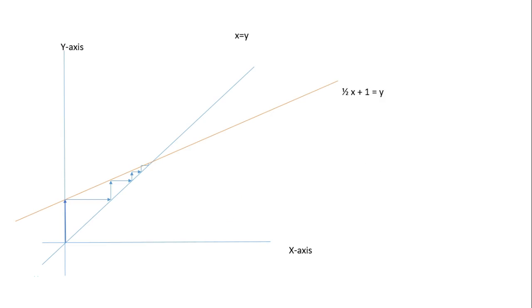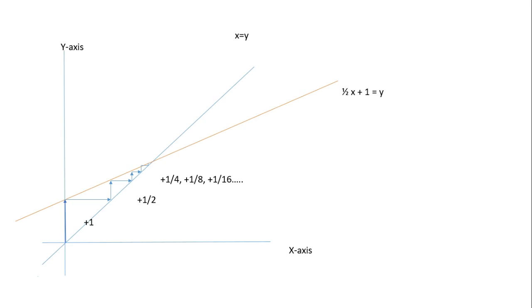Now, what if we start at 0? If we start at 0, we can go up 1. We can do this by iteratively nesting these functions. I'll show you what I mean by iterating in just a minute. But it leads to a progressive series of 1 plus 1/2 plus 1/4 plus 1/8 plus 1/16 and so forth.